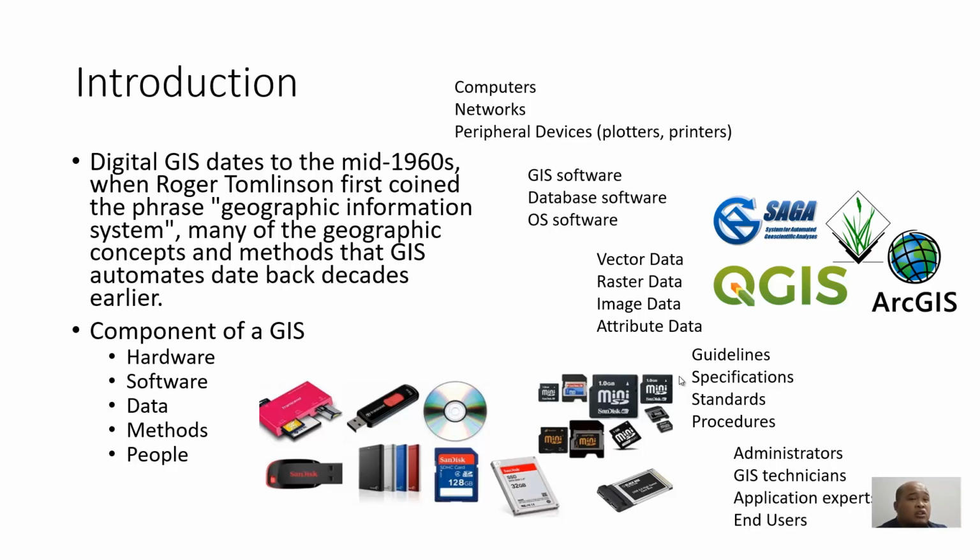These are all called attribute data. So it is information of either vector or raster data, but usually it will be information of the vector data.